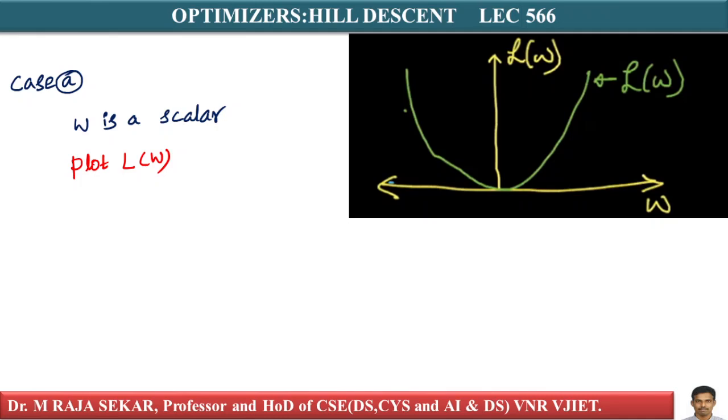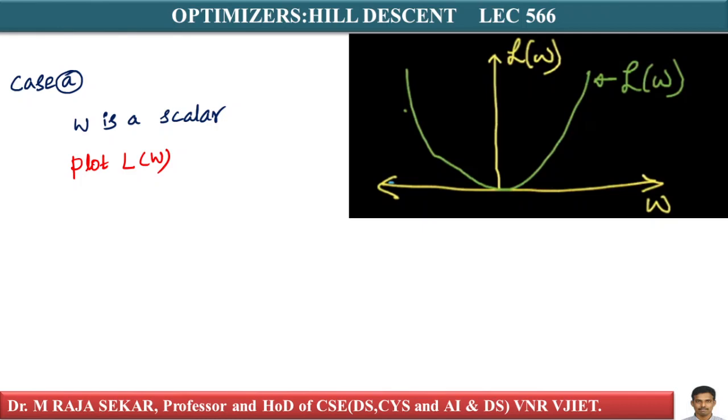There are many ways this loss can look. One way is like a squared loss, which looks like this, like a parabola.